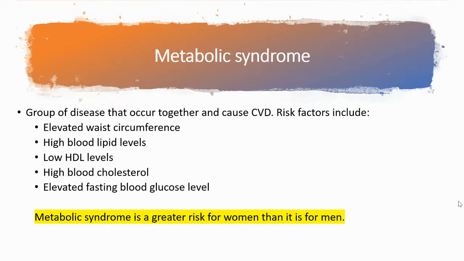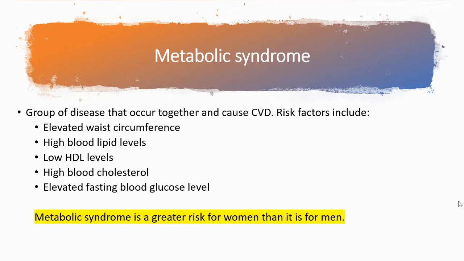Metabolic syndrome is a group of diseases that occur together and is a huge risk factor for cardiovascular disease. Metabolic syndrome includes having an elevated waist circumference, so your waist is larger than your hips, having high lipid levels, so that would be the LDL levels of your cholesterol, high fat levels, having low HDL levels.